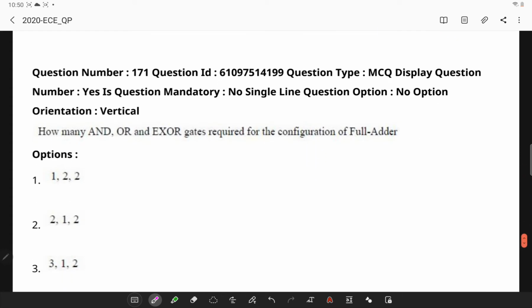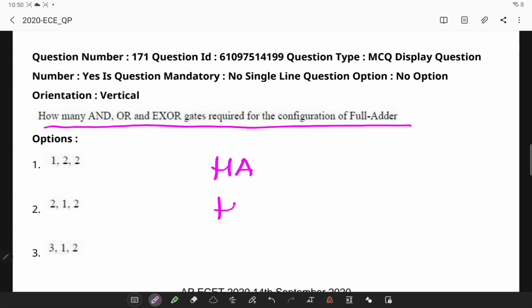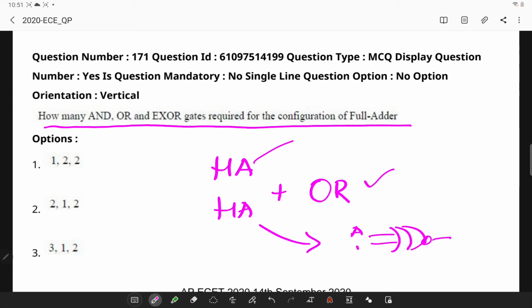This is the same question which is asked in every ESET question paper. How many AND or XOR gates are required for full adder configuration? You need two half adders with one OR gate. What is the block diagram of an adder? A half adder has an XOR gate and an AND gate. He has not asked about the AND gate.